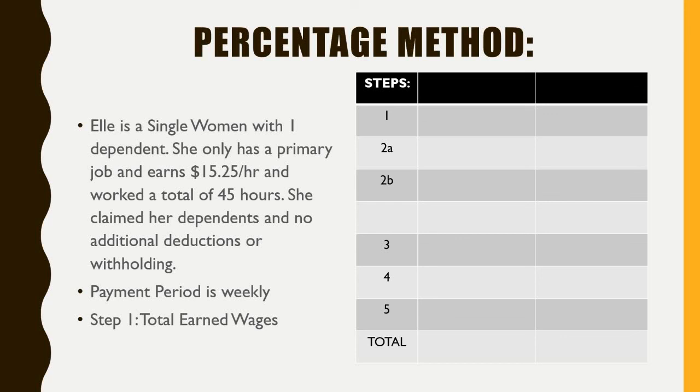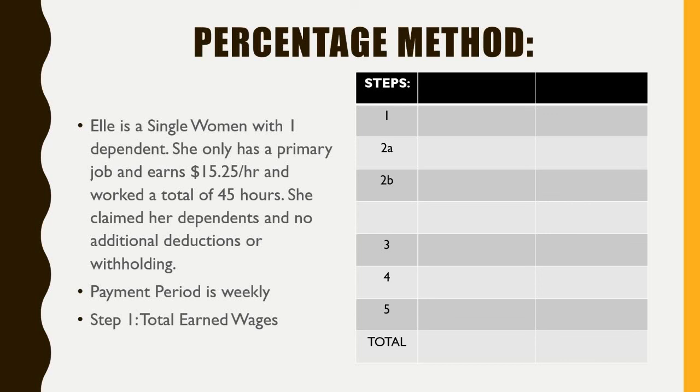So in this case, step 1 is to determine how much overall money she earned from her job. We're going to take the $15.25 per hour and multiply it by the 45 hours because that's how much she worked in one work period.